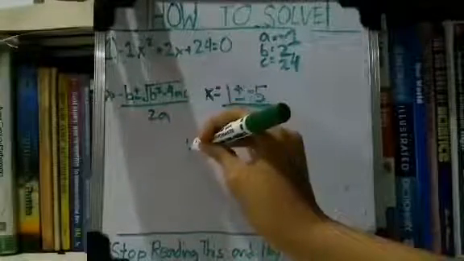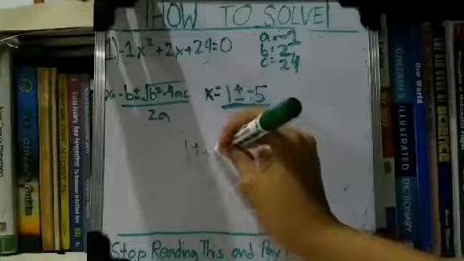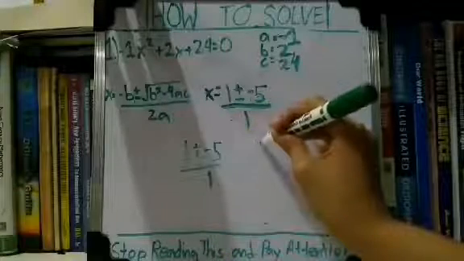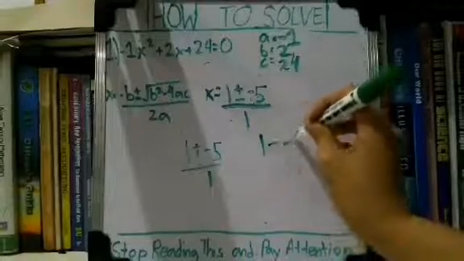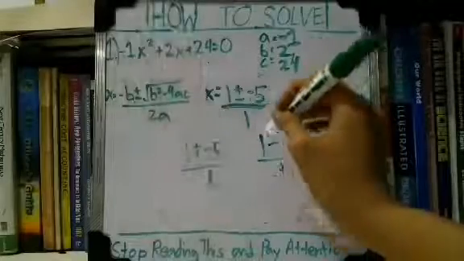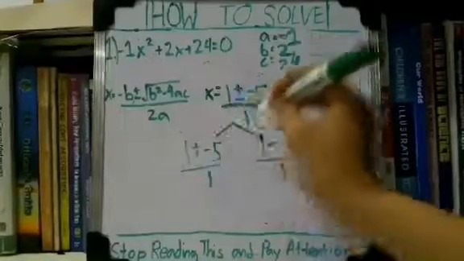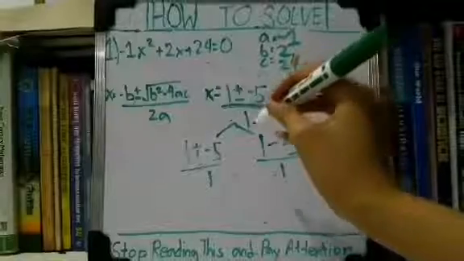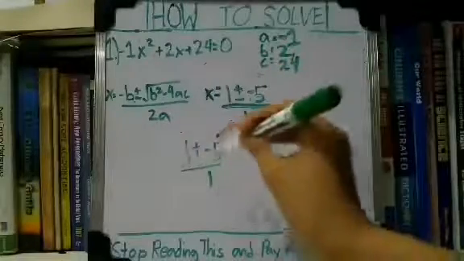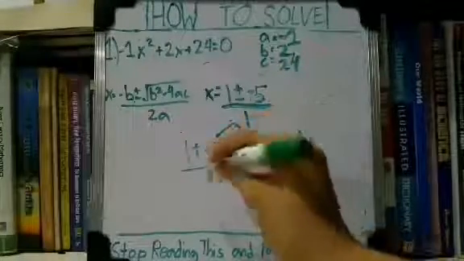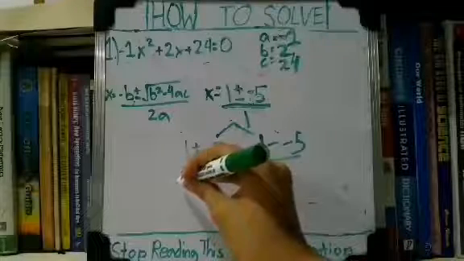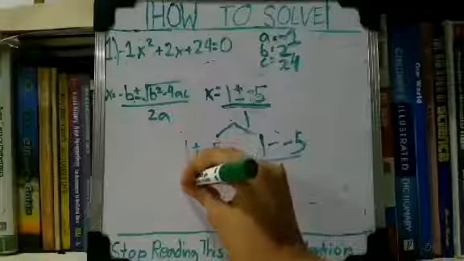One with 1 plus negative 5 over 1, and the other being 1 minus negative 5 over 1. So, to finally end this simplifying madness, for your last step, just solve the two equations individually for your two answers.